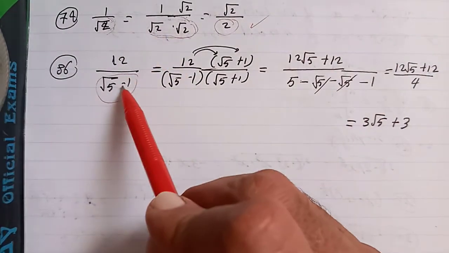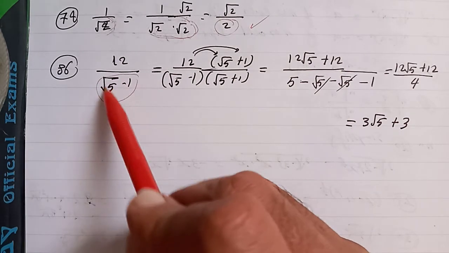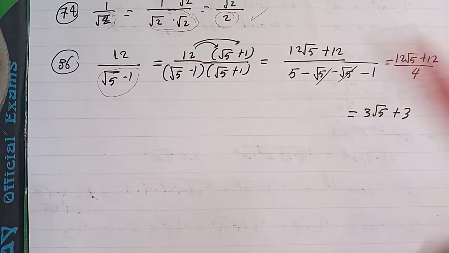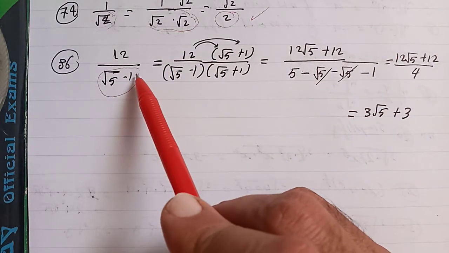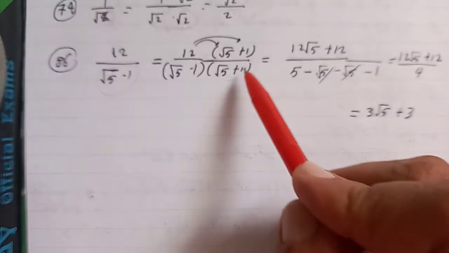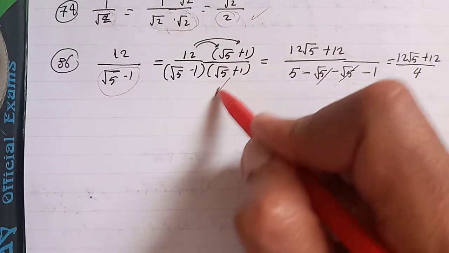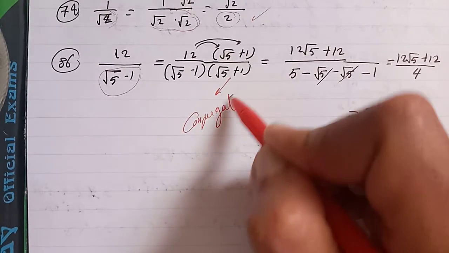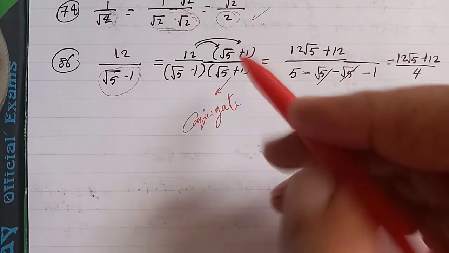So what about this one? You have root 5 minus 1 in the denominator. What should I do? I have to multiply it by the conjugate. The conjugate of this number is the same number, but with a different sign. This is called the conjugate. Multiply up and down.